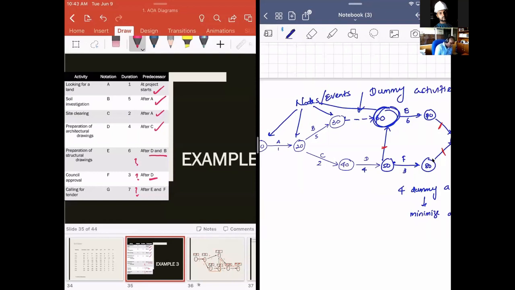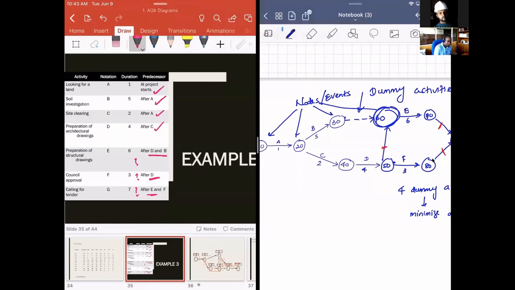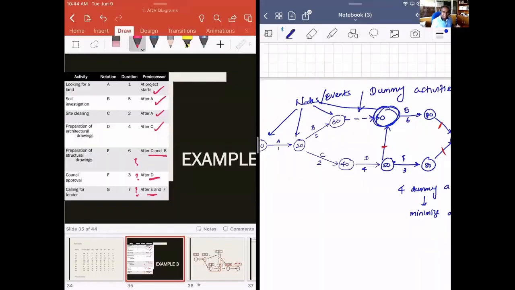We'll come back to this. There should be one node where E and F finish. I'll repeat. There should be one node where D and B finish. There should be one node where only D finishes.